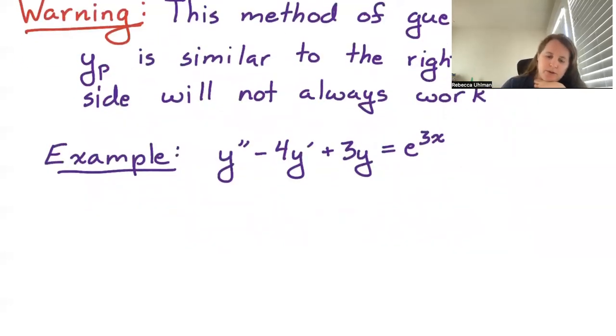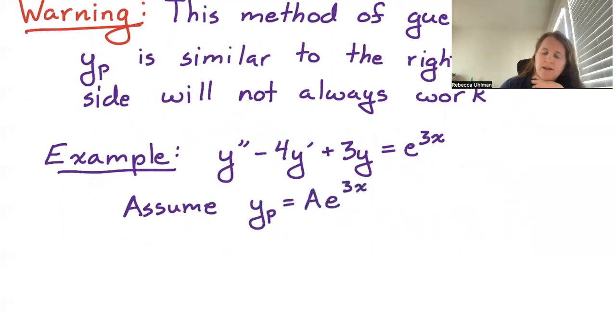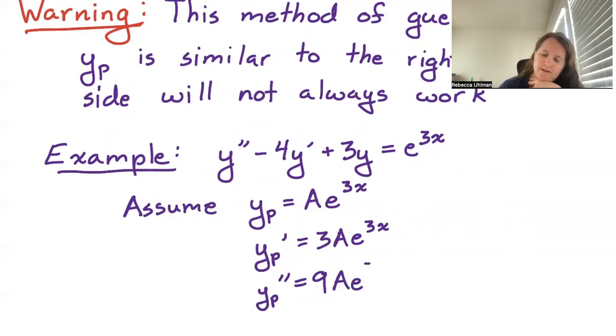Okay. So we will assume yp is equal to some constant a times e to the 3x. Then we have yp prime is 3a e to the 3x, and yp double prime is 9a e to the 3x.